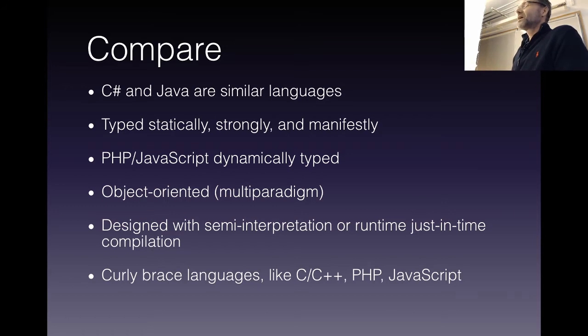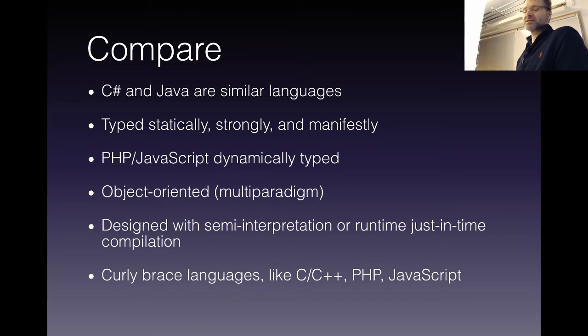So we're going to do some coding in C#. It's a programming language. It's statically typed, so we can compare it to Java in that sense. If you are a Java programmer, it feels the same, it looks the same.